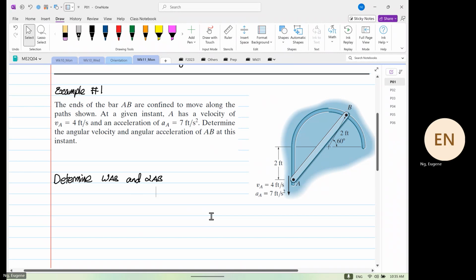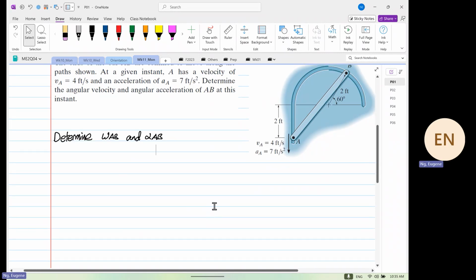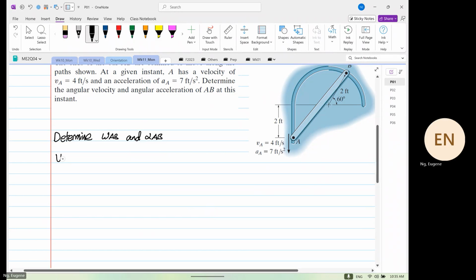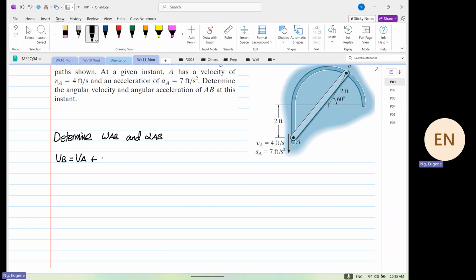Okay. Now we are going to use two formulas. I'll write up the two formulas straight away. So we are going to apply VB is equal to VA plus omega AB cross R B from point A. Okay, so this is our equation number 1.